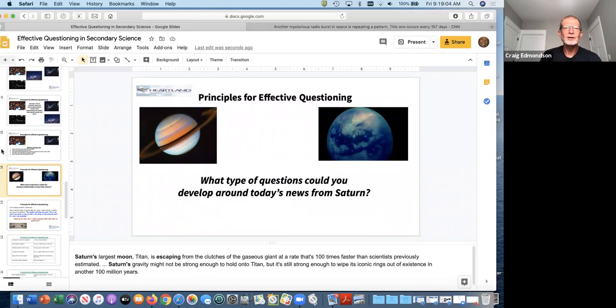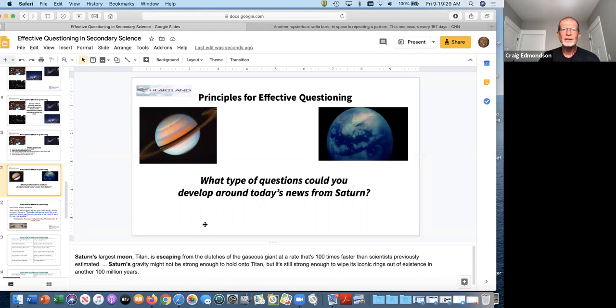So this is Saturn here on the left, and this is Saturn's moon, Titan. And again, I haven't had time to really investigate that further, other than that it is occurring. A short news brief on that was that Saturn's largest moon, Titan, is escaping from the clutches of the gaseous giant at a rate that's 100 times faster than scientists previously estimated.